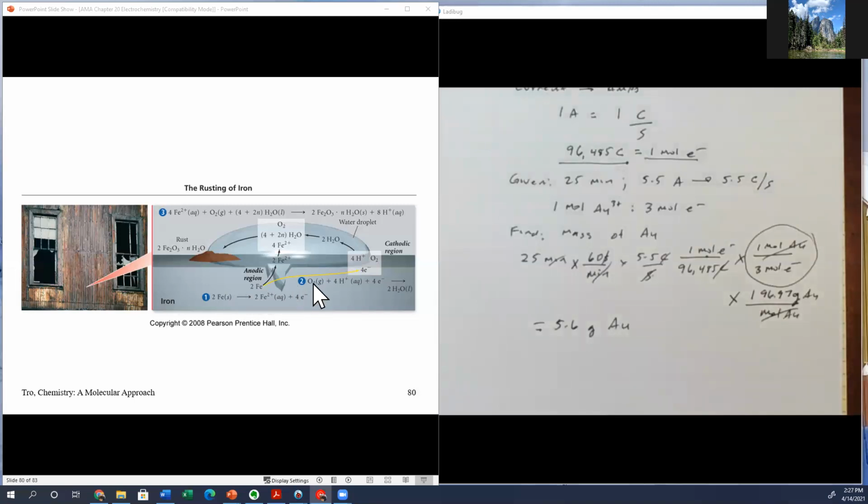Oxygen gets reduced, and then there's a reaction between iron and oxygen in water that ends up forming Fe2O3·nH2O. This is what we normally call rust, that orange substance. This is what's happening on your bike as it gets rusted out.